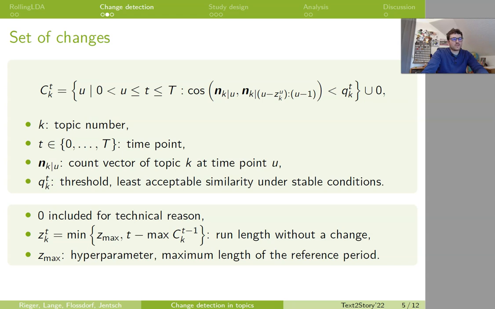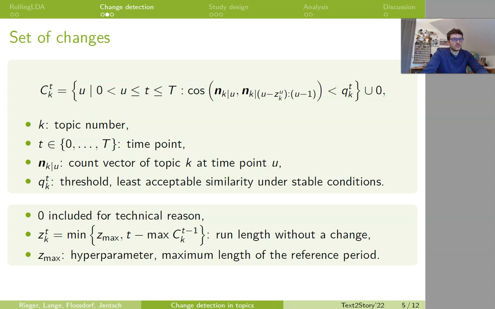For this, as explained, we calculate the similarity, here cosine similarity, of the word count vector at the given time point in comparison to the word count vector of a longer reference period. The maximum length of this reference period is selected by the user, so it's one of the two hyperparameters of the change detection method, but the reference period is never longer than the elapsed time since the last detected change.